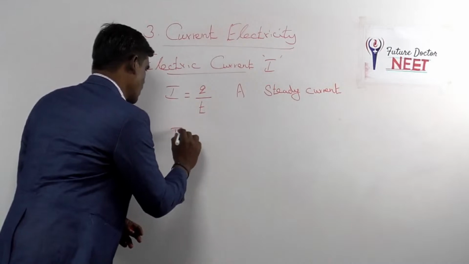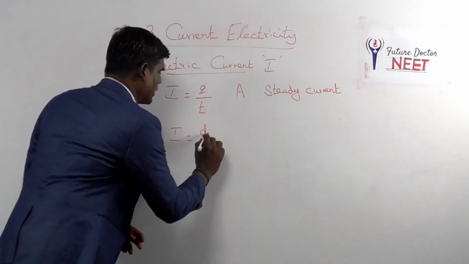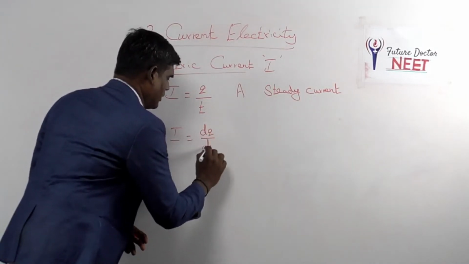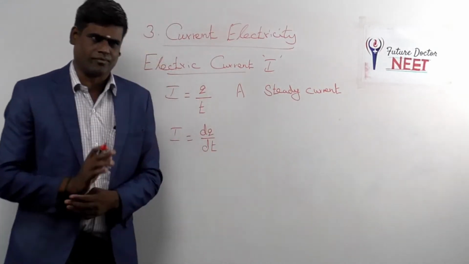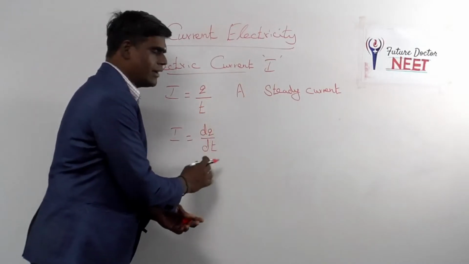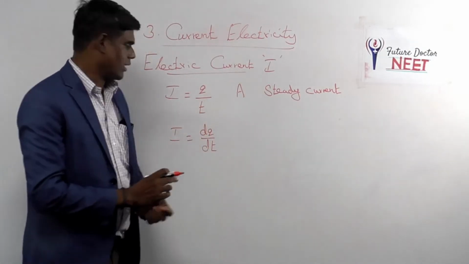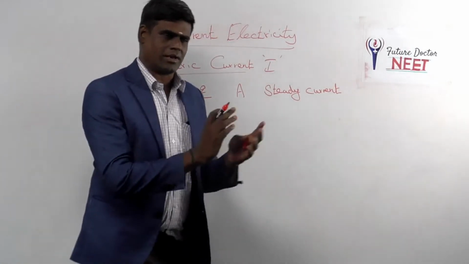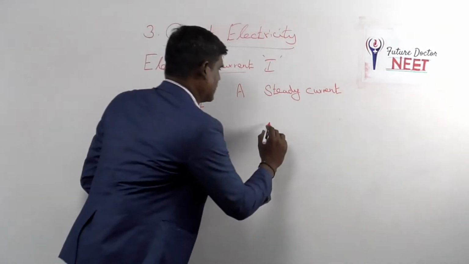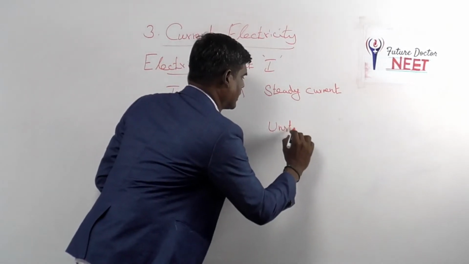For that, the formula is I equal to dq by dt, that is change in q with respect to time. Here time is constant, here time also varies. Flow of charge with time, that time also may vary, that is an unsteady current. This is the formula for unsteady current.